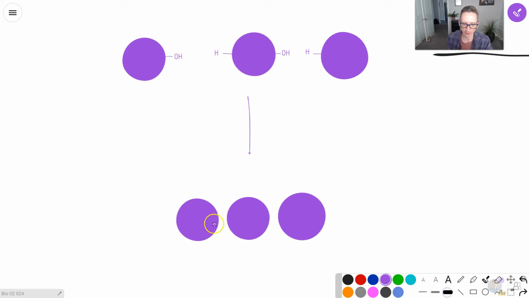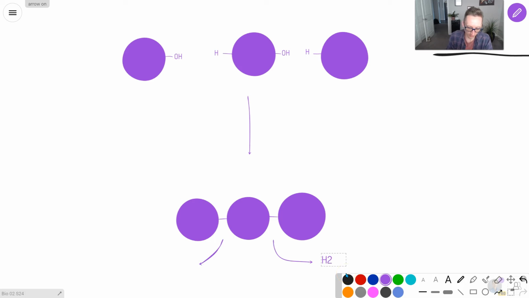Let me draw them a little fatter. We've also taken out some water. So we've lost water from each one of these.